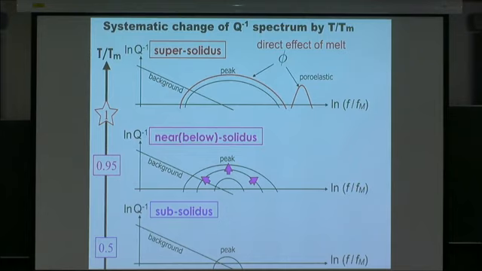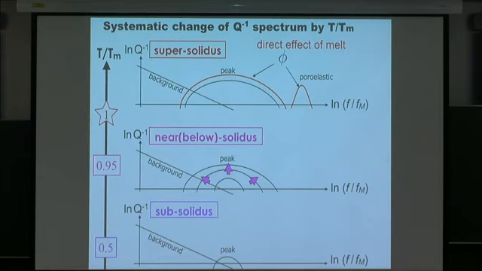Also, our largest melt fraction sample was 1.6% melt fraction, and in that case the peak amplitude increased by melting.